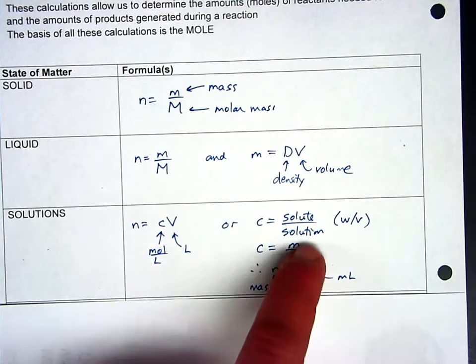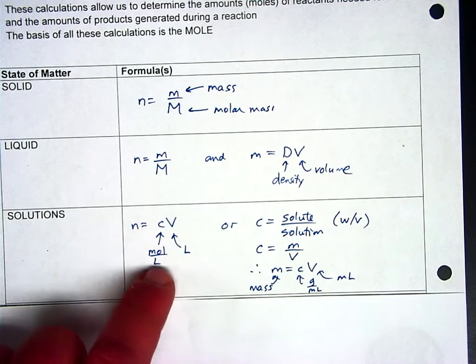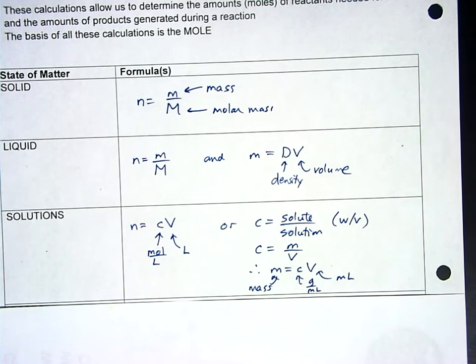And don't forget, these ones generally have a multiplier, so we'll have to take that into account as well when we determine the amounts or the mass that we have. But this is the preferable unit because it gives us moles directly.